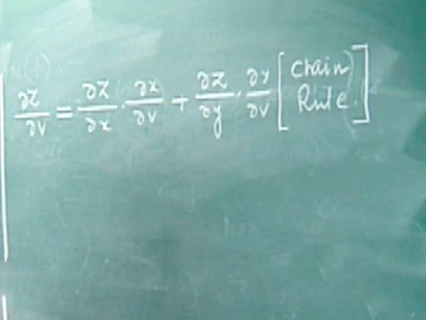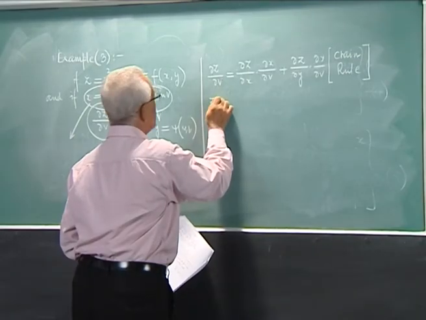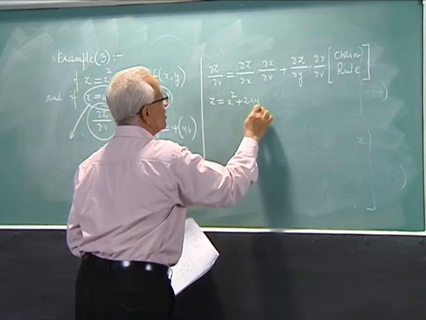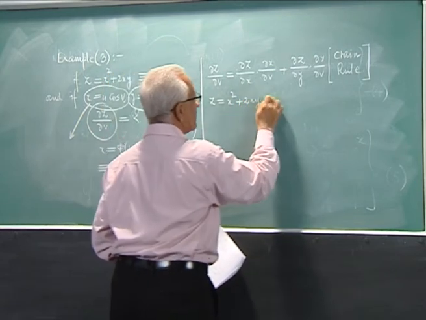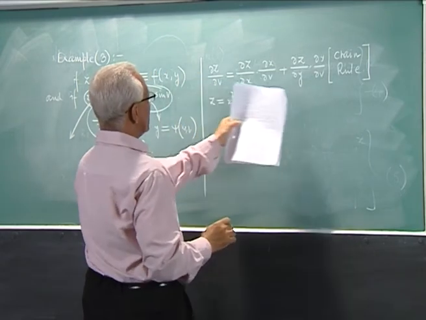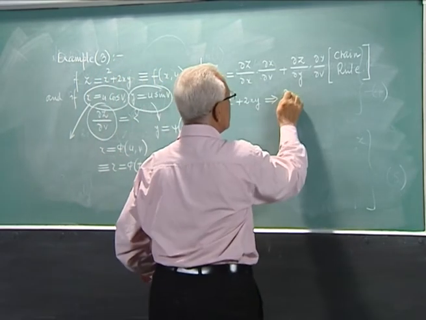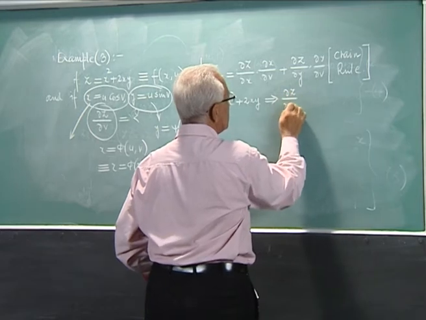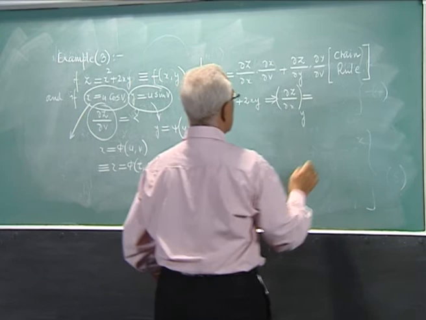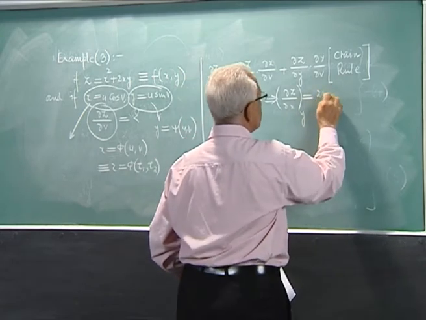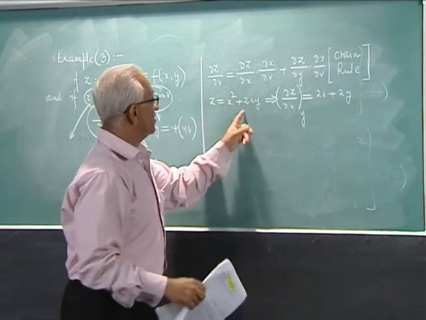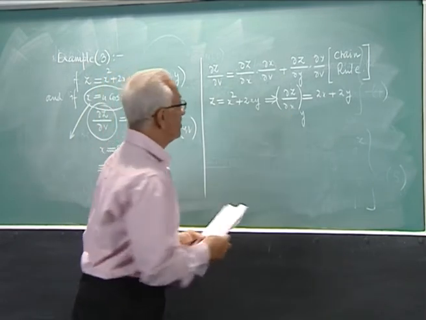So, I will be starting from z is equal to x square plus 2 times xy, which will imply I want dz dx and I want dz dy. So, I will be having dz dx keeping y constant: 2 times x plus 2 times y, because I am doing with respect to x.